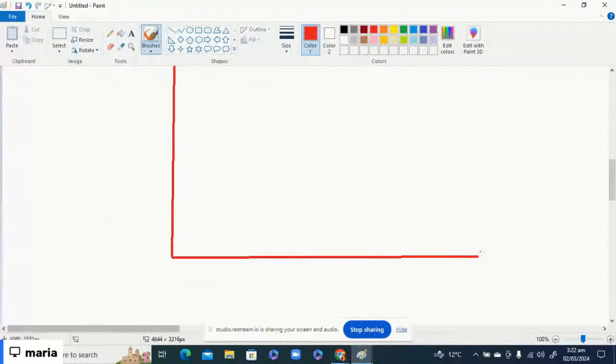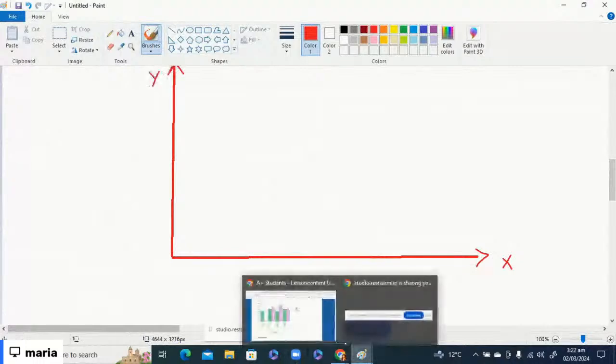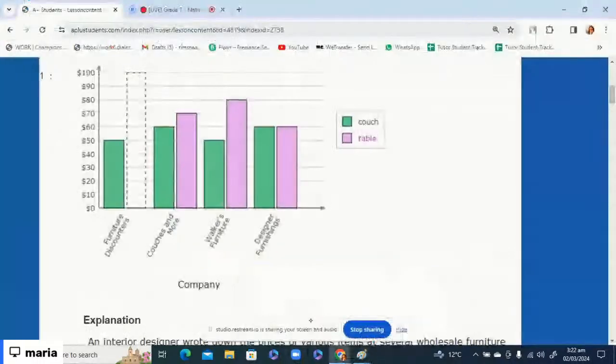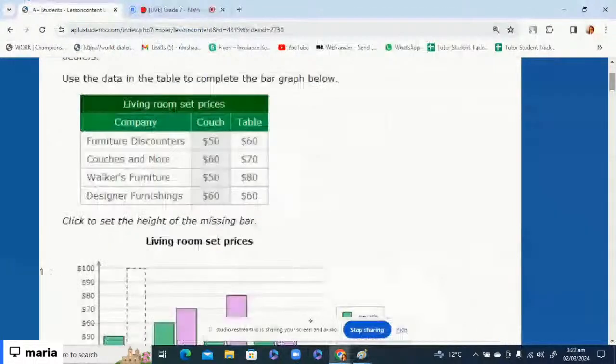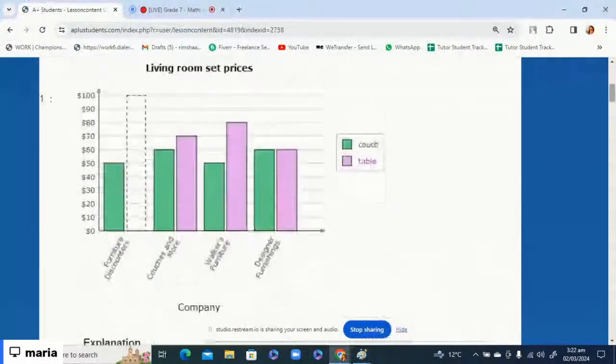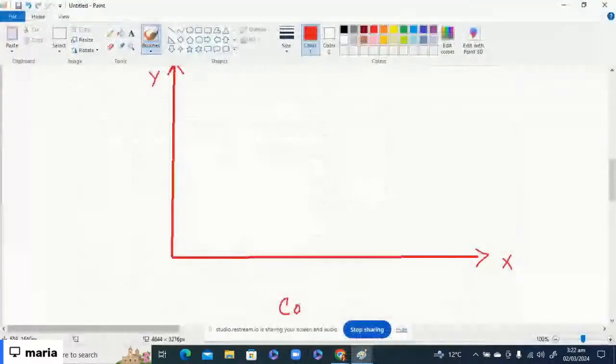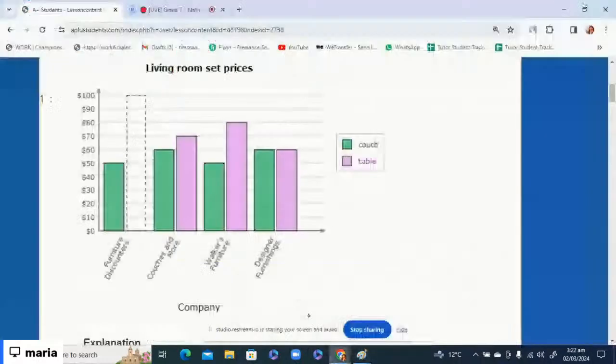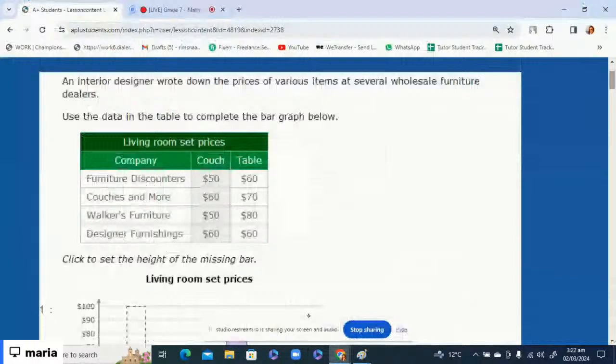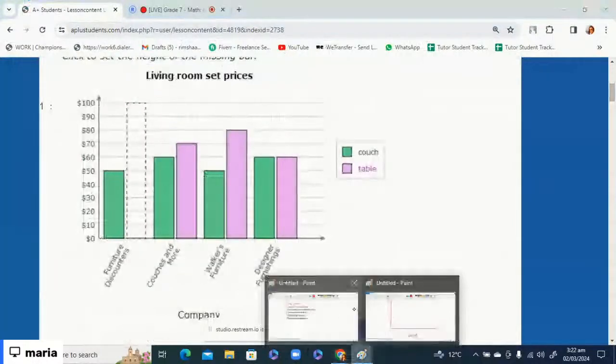On the x-axis you are going to draw the company names, and on the y-axis you are going to draw the prices for each one.